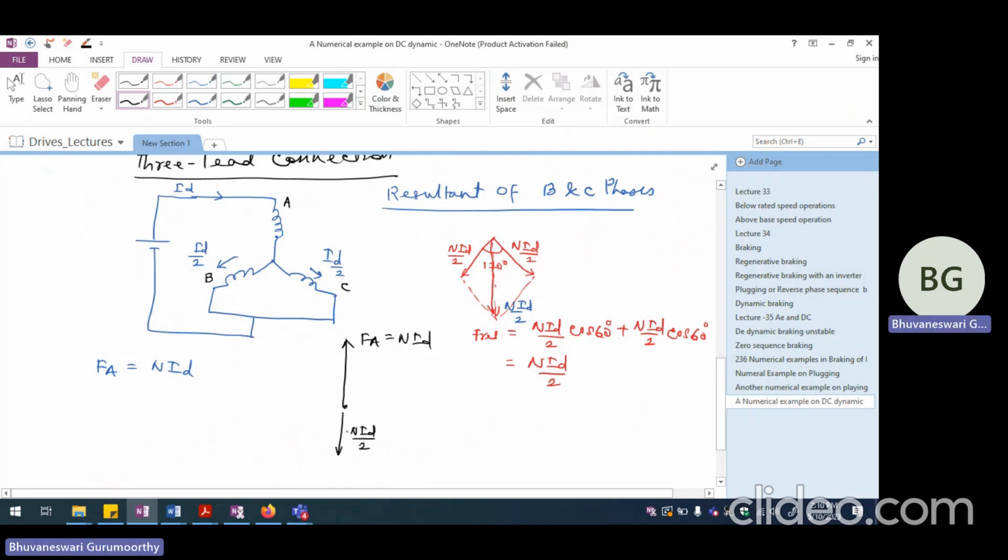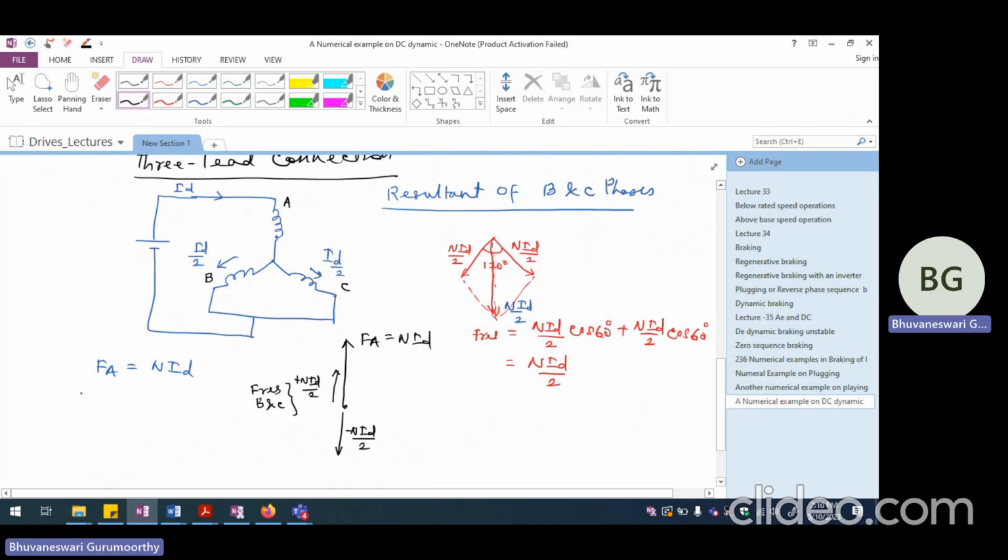But this is minus NID by 2 because the current is flowing out of B and C phases, whereas current is flowing into A phase. So I should add this also in this direction, which will be actually plus NID by 2. This will be the resultant of B and C phases.